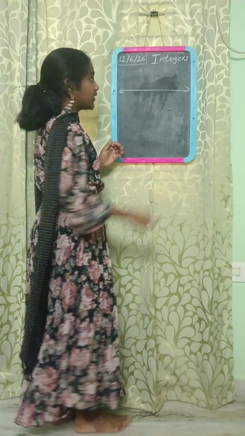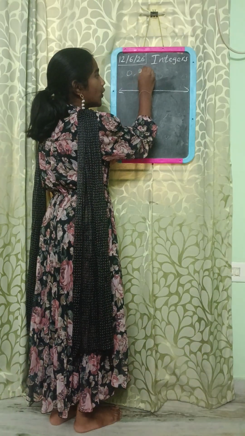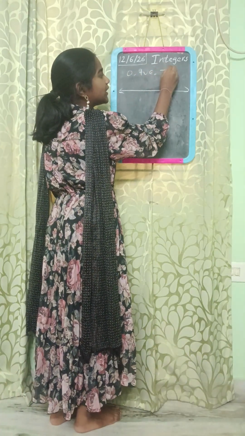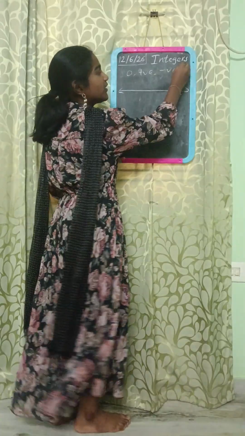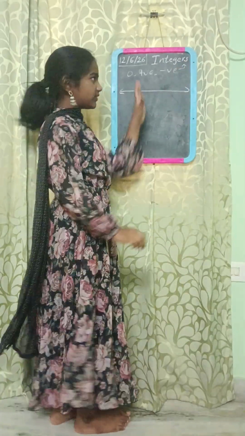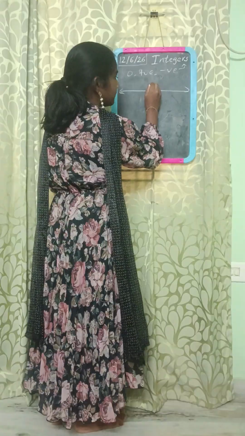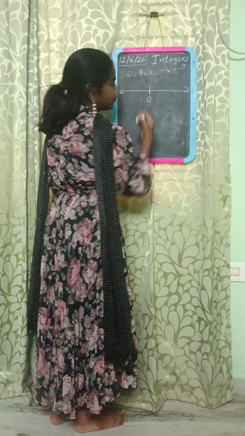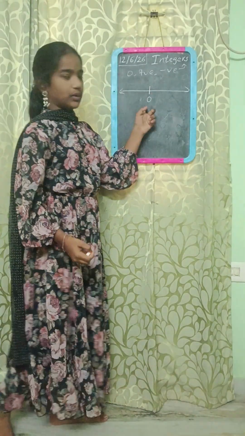So what we said, 0, positive and negative numbers are known as integers. It is a set including these. So in the middle is 0.